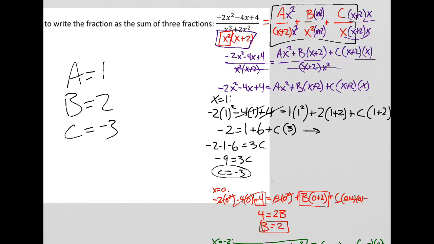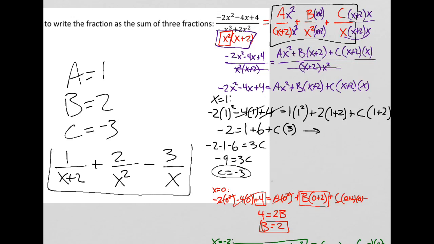So my partial fraction expansion is a over x plus 2, and a is 1 over x plus 2, plus b over x squared, b is 2 over x squared, plus c is a negative number, so I'm going to say minus 3 over x. And again, what we're saying is that this and what we started with originally are absolutely equivalent, and we have done our partial fraction expansion.